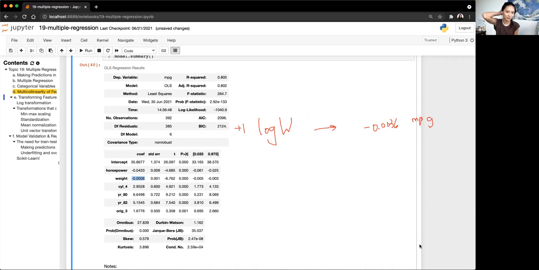You have to do a reverse transformation. So if you want to see how much actual weight affects miles per gallon, you would have to take the exponent on both sides. So a change in weight should lead to the exponent of negative 0.0036. And then you find out what that number is, and that is your relationship between your variable and your target.